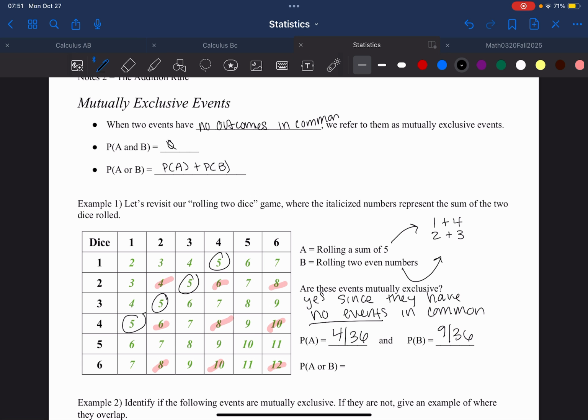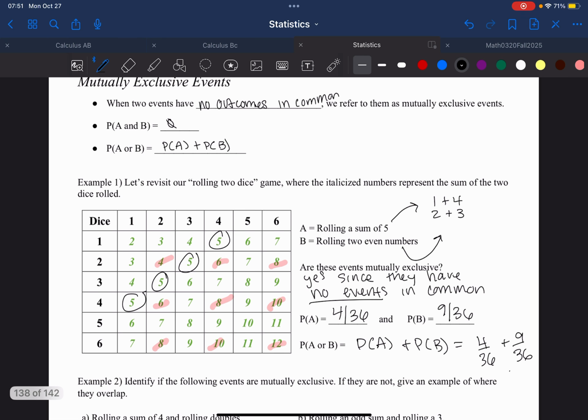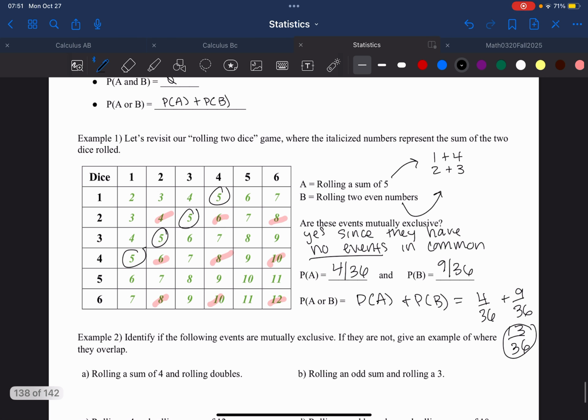So the probability of A or B is the same as saying the probability of A plus the probability of B. So this is equal to 4 over 36 plus 9 over 36, which would be 13 over 36. Or, of course, we would reduce that to a decimal, and that would be 0.361.